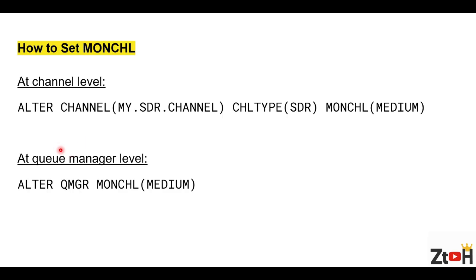Now let's see how to set MONCHL. At channel level, we issue the command ALTER CHANNEL channel name CHLTYPE, which may be sender or receiver, and MONCHL, which can be low, medium, or high based on the project need. At queue manager level, we issue the command ALTER QMGR MONCHL medium or high.